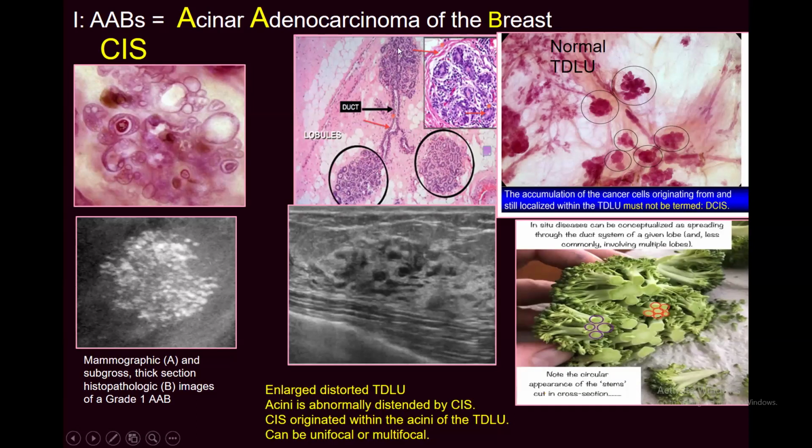This is a normal terminal duct lobular unit, but here you can see the acini look a little bit enlarged due to multiple or multifocal DCIS. Again, we can correlate with broccoli here, you see.